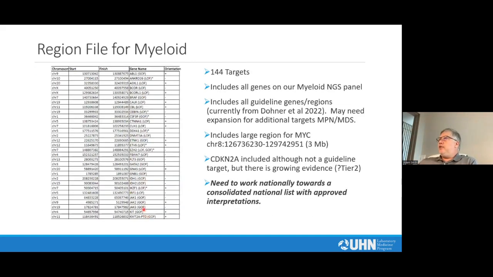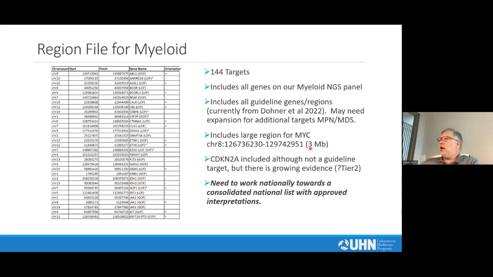So we have this 144 target file that basically looks like this. We can upload a version of this into the Access software. We've included a few larger regions. The MYC region, for example, is a 3 megabase region because MYC translocations are not precise at all. They have a huge range over which they can occur.